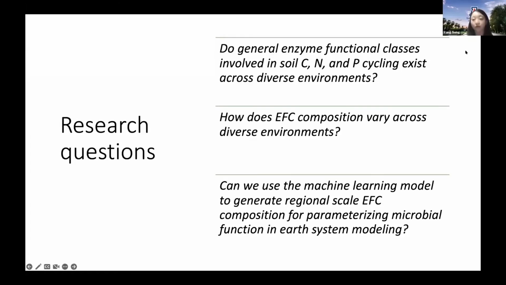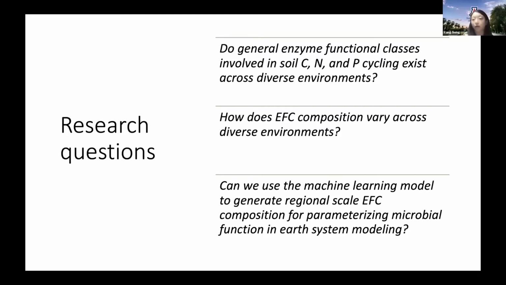We try to answer three questions first. Can the general enzyme function classes we found at that one site, involved in the soil carbon, nitrogen, and phosphorus cycles, be found in other very diverse environmental conditions? How does the enzyme function class composition vary across diverse environments? And can we use a machine learning model to predict the EFC composition?